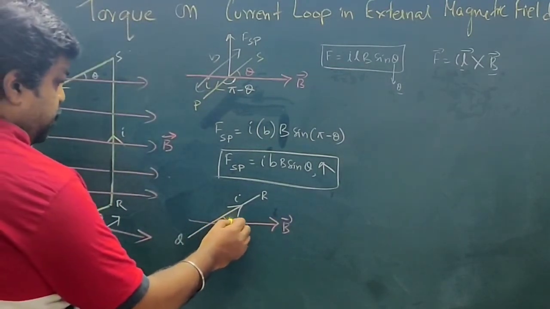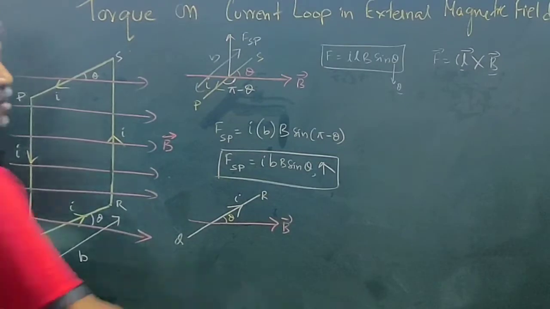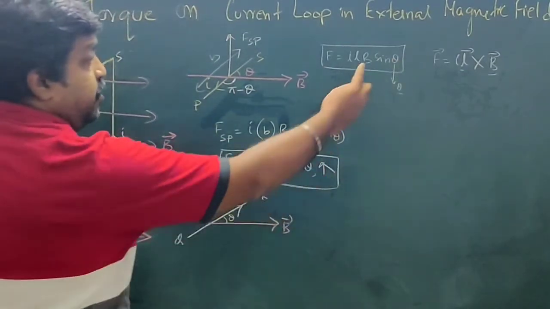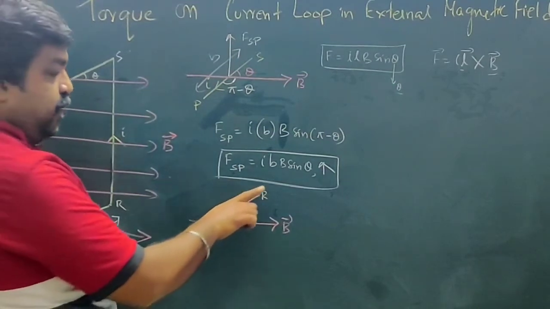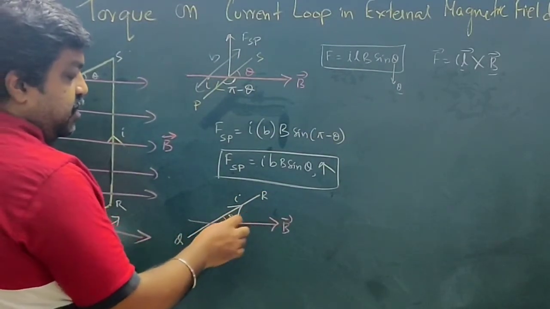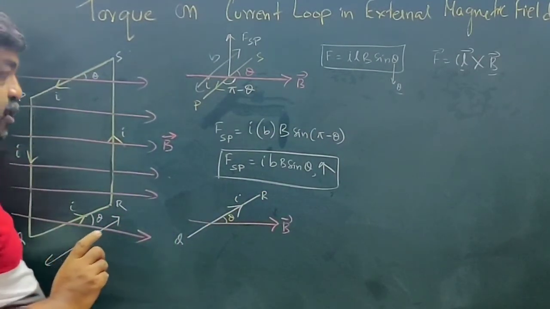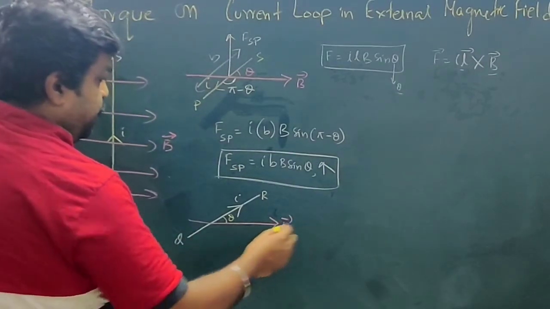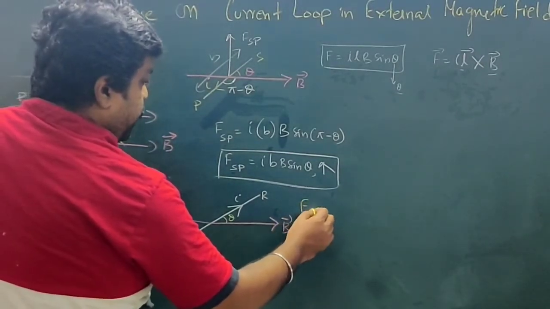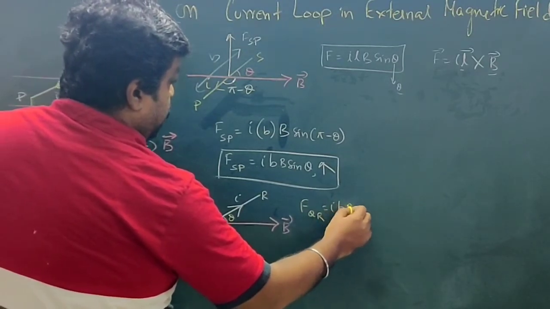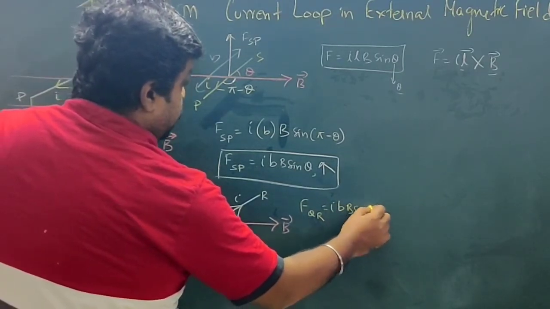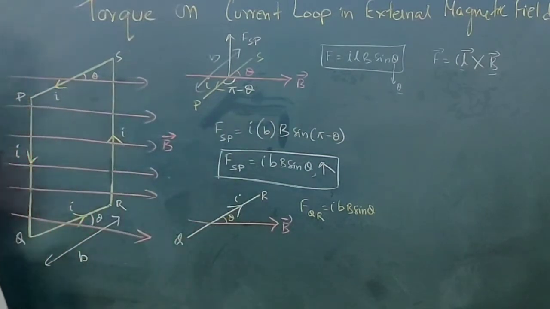This angle is theta, the angle between L and B. Length is in this direction because current is flowing like this. There is no problem with theta in finding its value. So F QR is equal to I B P sin theta. This length is also B.